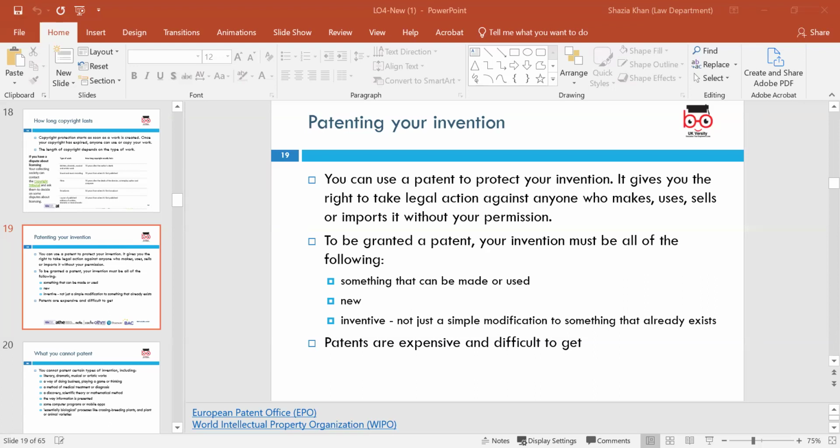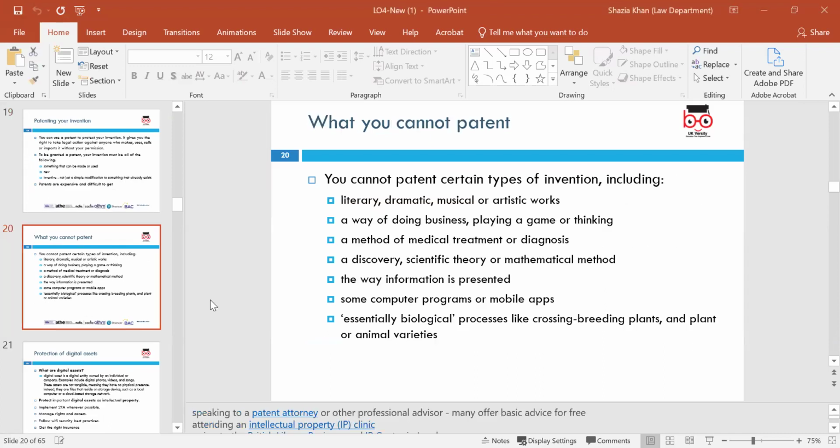There are different types of patent processes, and the conditions or requirements depend on the product or invention. So you'll have to look at that, identify which applies to you carefully. What cannot be protected? So what types of inventions cannot be patented? Things like literary, dramatic, music, or artistic works.